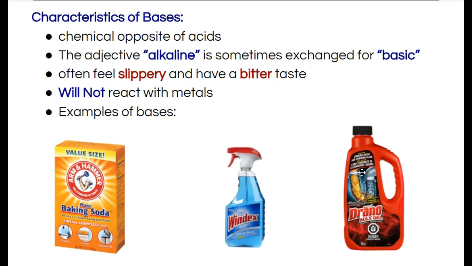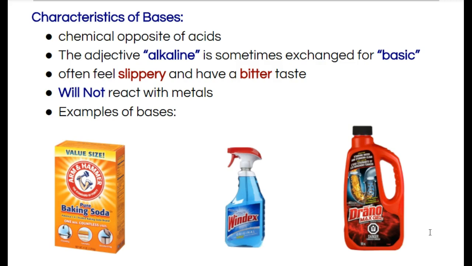You want to break that down, but you don't want to break down your pipe along with it. If you were to use a strong acid, your pipe would be corroded, and that would do more damage than you intended. So Drano is a very strong base, which is corrosive and will break down the hair or the materials that are clogging your drain, but will not break down the pipe itself.